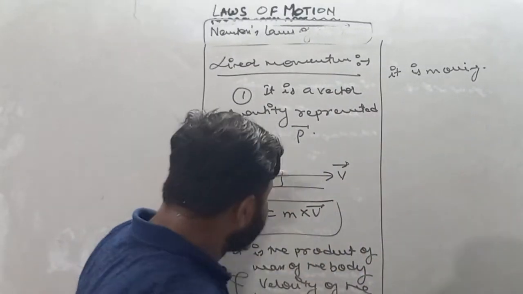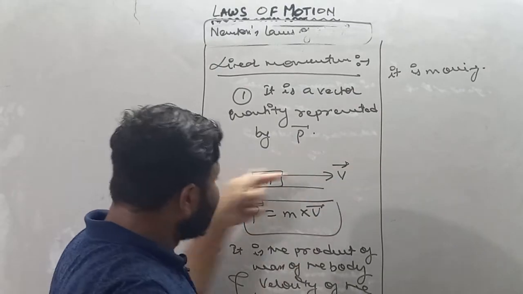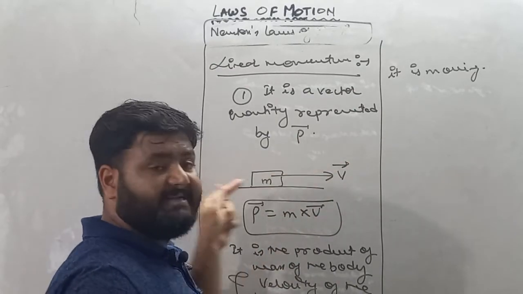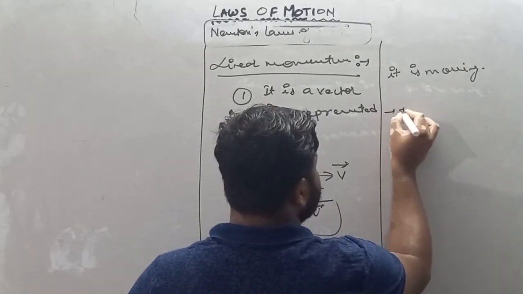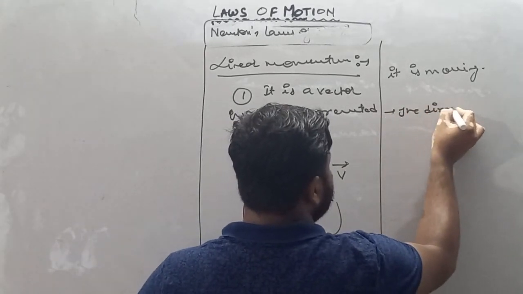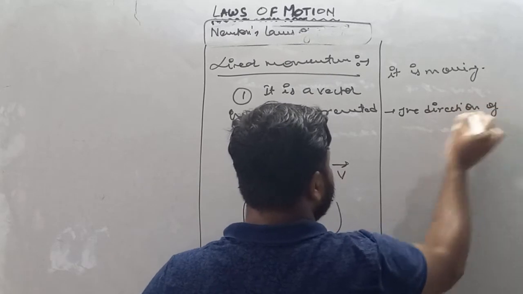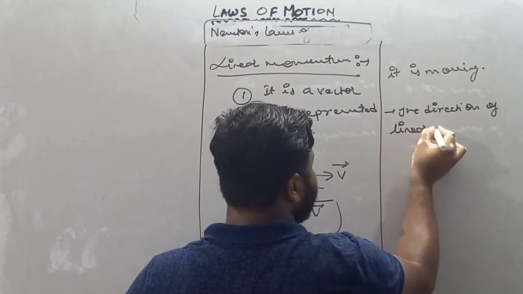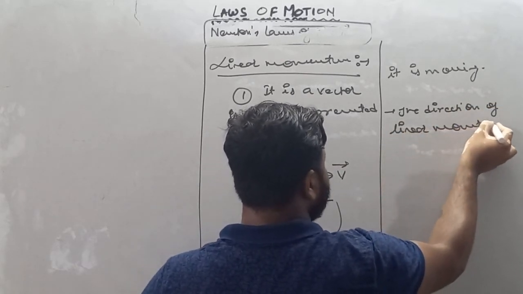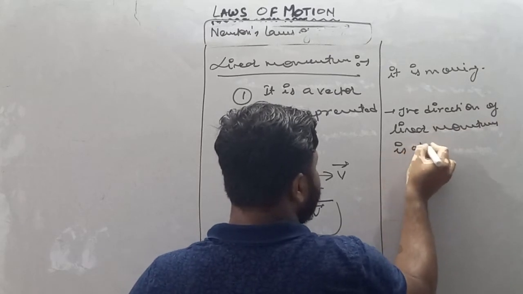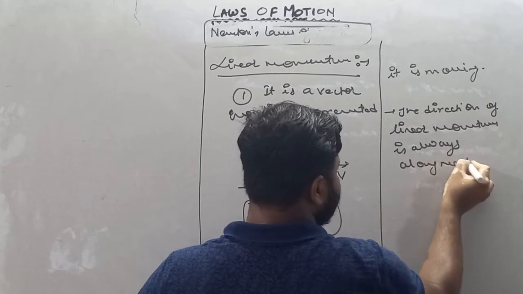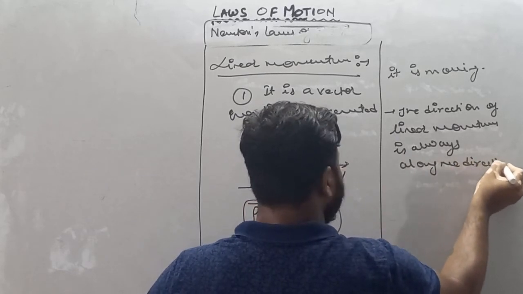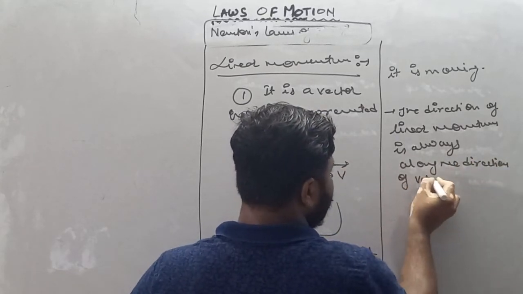If the direction of velocity is in this side, then the direction of linear momentum is also in this side. So I'll write here: the direction of linear momentum is always along the direction of velocity.